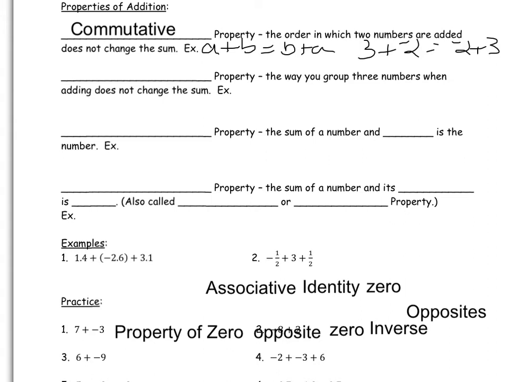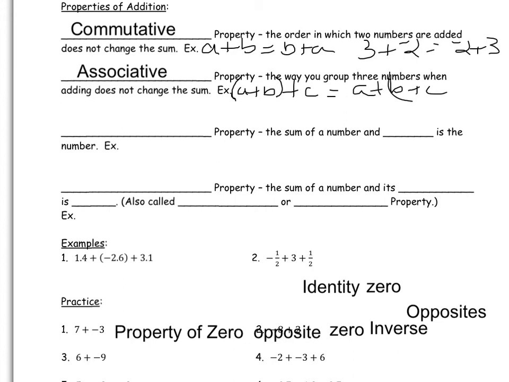Another property for addition is the associative property, which states that the way you group three numbers when adding does not change the sum. Algebraically, if you add a plus b first and then add c, you get the same answer as adding b plus c first and then adding a.